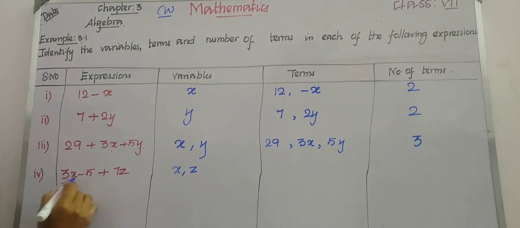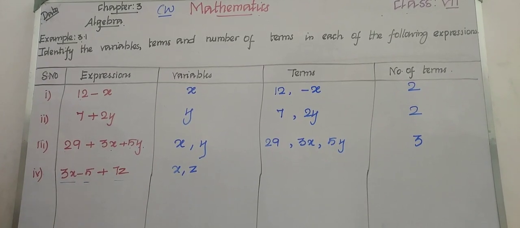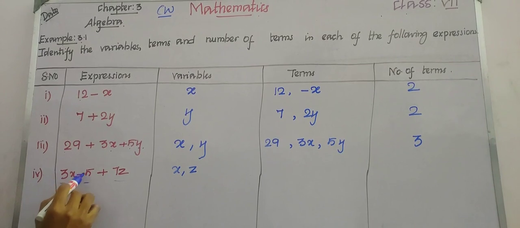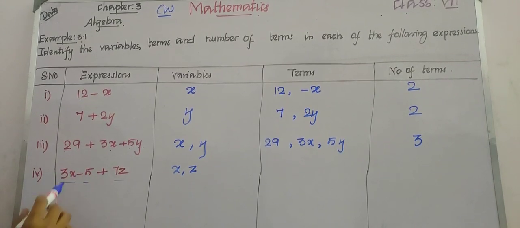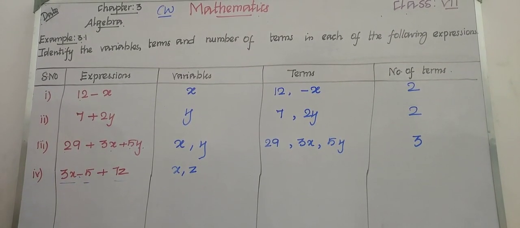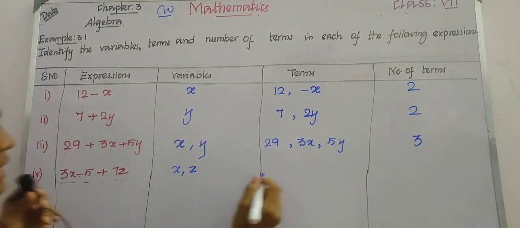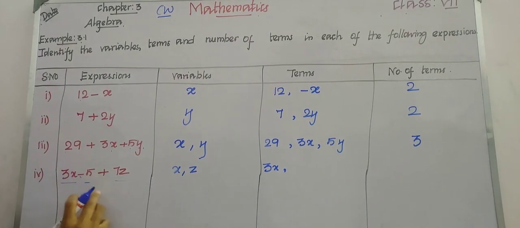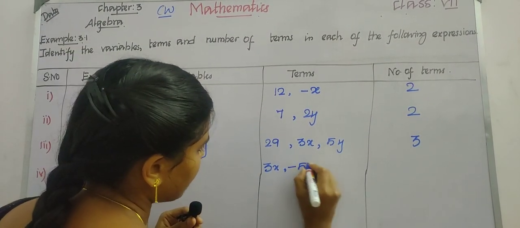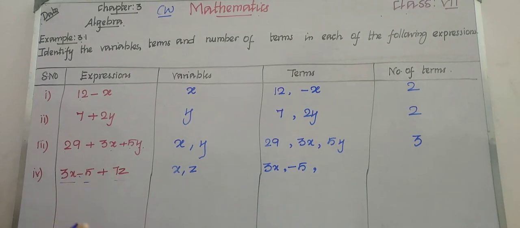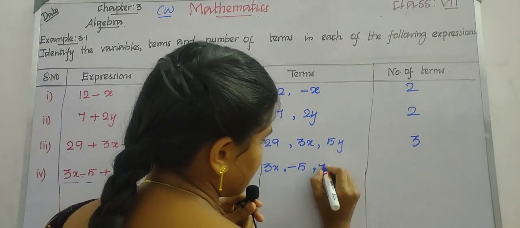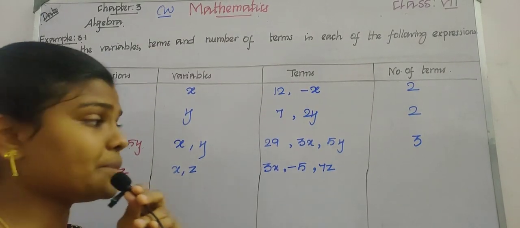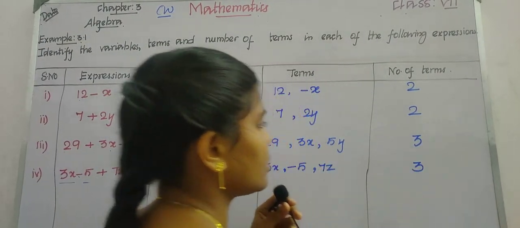We have already said that terms are separated by the symbols of addition and subtraction. Here is a subtraction symbol and here an addition symbol. The first term is 3x, the second term is minus 5, and the third term is 7x. So there are 3 terms. Write 3 as the number of terms.